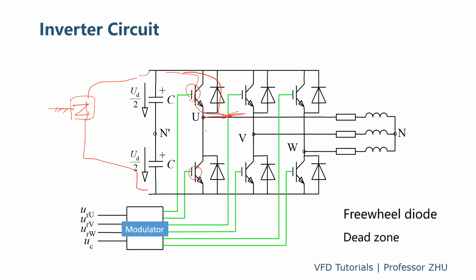During the dead zone, the output voltage is decided by the current. If current goes this way through this diode, we get a negative voltage. If current goes this way through this diode, we get a positive voltage.